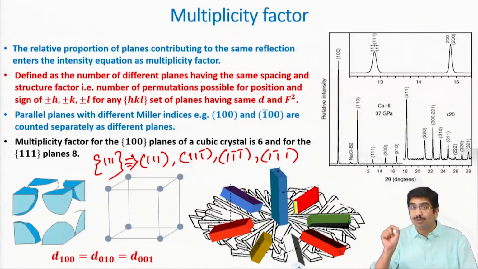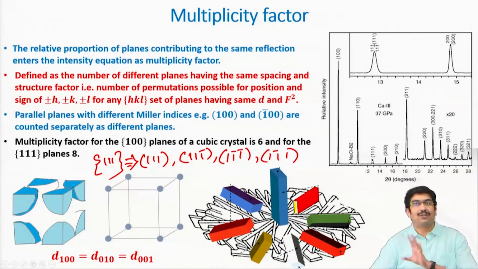So ideally the 111 type plane should have a higher intensity, if all the atoms give the same intensity of the diffracted beam. It is not shown here because of other factors, but ideally that is what it should do.